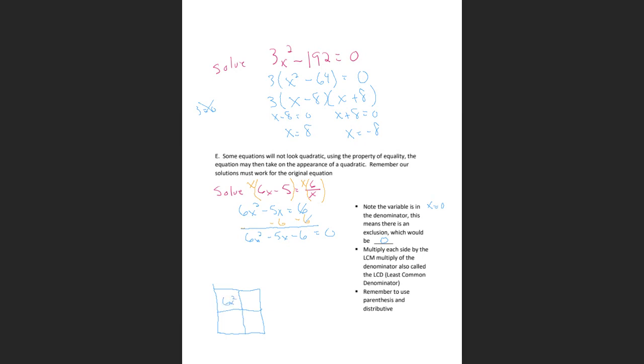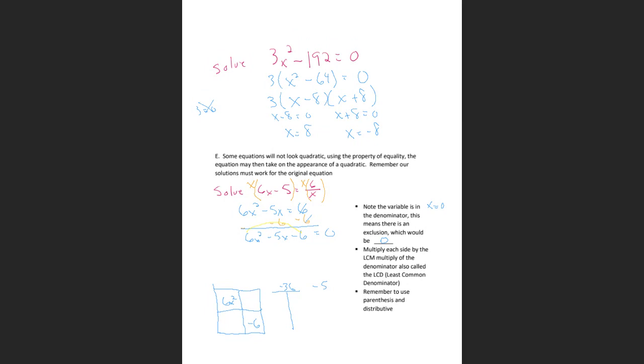The constant goes in the bottom right. The reason I'm doing that is because there's a coefficient in front of x squared. So the catch is, when I create the big T, the 6 and the negative 6 have to multiply together to give me my big T. So I have this negative 36 that has to give me this negative 5.